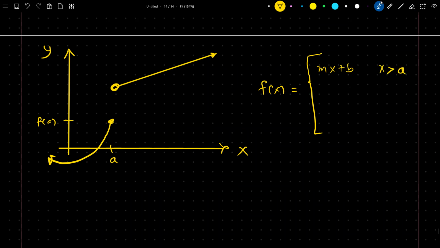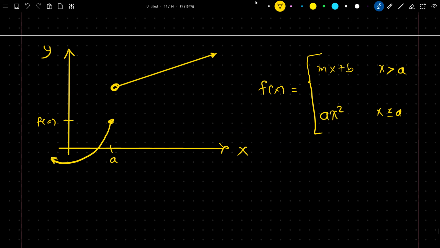And then down here, we've got this sort of half of a parabola, which is going back up. So we'll just assume it's a parabola. Then we've got some sort of ax squared for x less than or equal to a. Okay. So the particulars of the formula aren't really that important. I just want it to be pretty general here. And then you can use more specific cases later on.